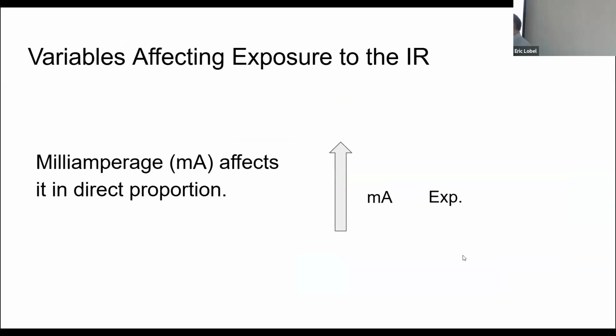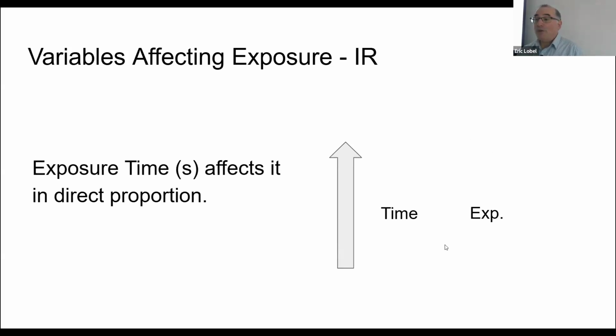You guys tell me. Goes up, right? If we increase MA, it goes up proportionally. If we double the MA, we double the exposure. We double the intensity to the patient. Same thing happens with time, right? If we double the time, we double the exposure.